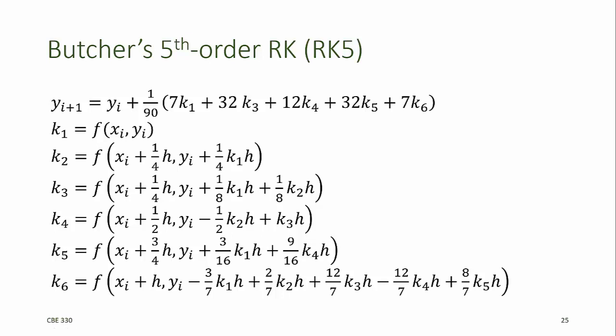Butcher's RK5 involves a function evaluation at xi, 2 function evaluations at xi plus 1/4 h, a function evaluation at xi plus 1/2 h, a function evaluation at xi plus 3/4 h, and a function evaluation at xi plus h. In fact, the reason that this is really an RK5 method and not an RK6 method is because the function evaluations K2 and K3 can actually be combined. Dividing them up this way simplifies the notation.